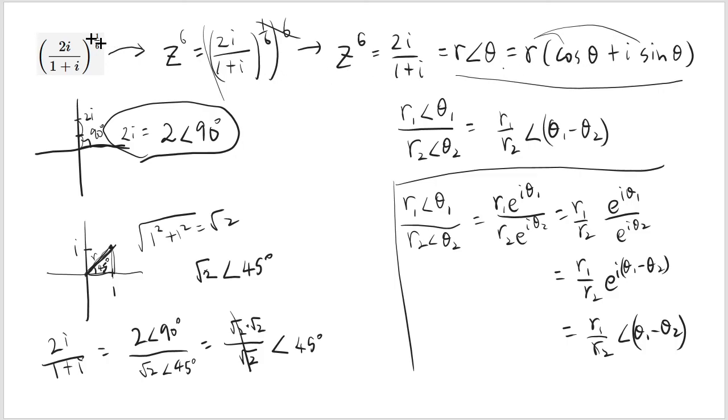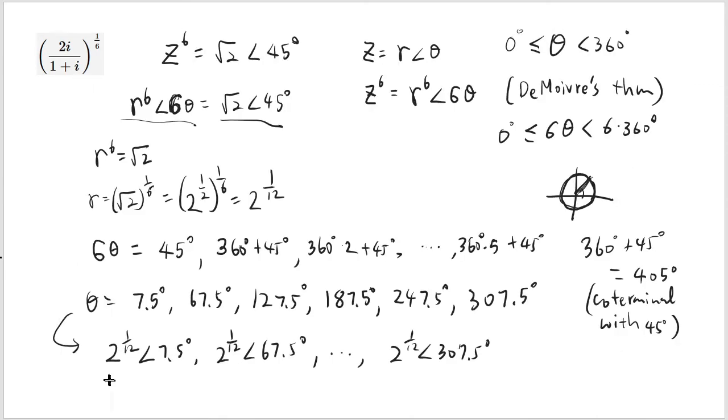And because the original question was written in rectangular form, you have to write all your answers in rectangular form. So that means to convert this, we have to do 2 to the 1 over 12 times cosine of 7.5 degrees plus 2 to the 1 over 12 times sine 7.5 degrees times i, and so on and so on.